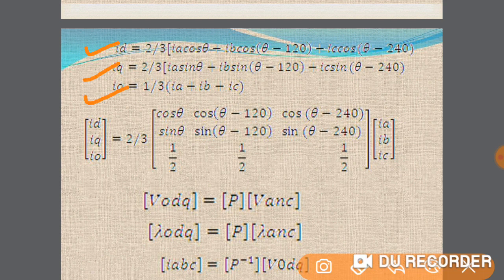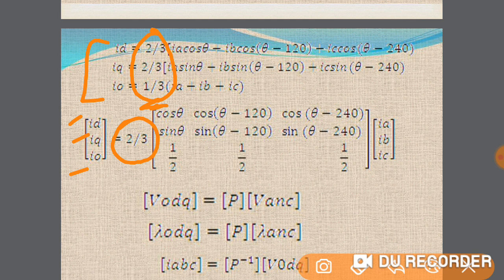If we represent these three equations again in matrix form, we get a matrix similar to this one. So what does this matrix say? Referring to the equations above, we can write ID, IQ, I0 on the LHS, taking 2 by 3 common from these three terms. Here we have 1 by 3.